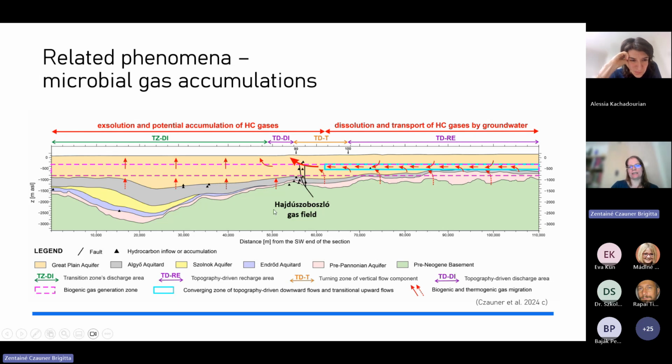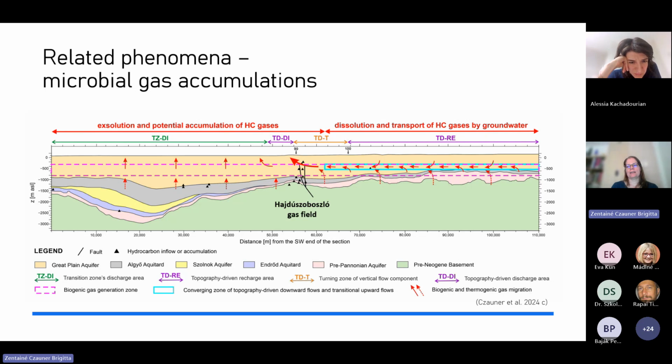In the middle of this section, we can find the Hajdú-Szoboszló gas field, which is the largest, or at least the second largest gas field in Hungary. About 1/3 of this gas field has microbial origin. And microbial gases are generated at shallow depths at low temperature by microbial activity.